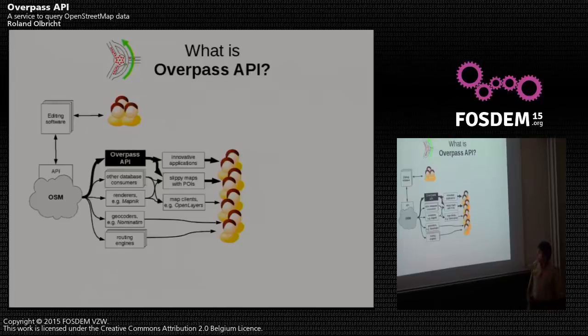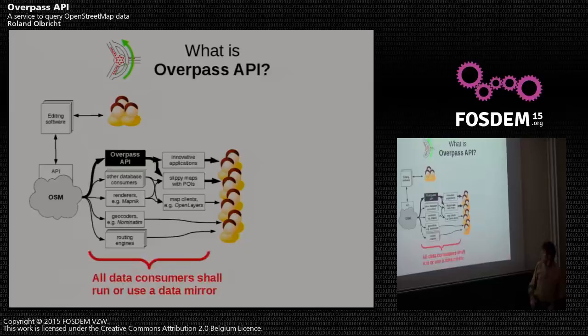We have this database server, which has an API of its own, but this is dedicated only to editing software, not for data consumers, because editors need to get synchronization. Otherwise you would get conflicts when you try to write back updates that were based on outdated data. So only those editing software should connect directly to the OpenStreetMap database server, and everybody else should use a data mirror.